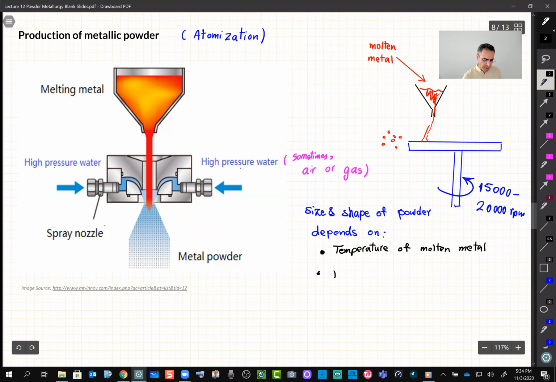The second is the rate of flow: how fast we pour it, the nozzle size, or the size of the orifice, tiny or big, and also the water jet characteristics.